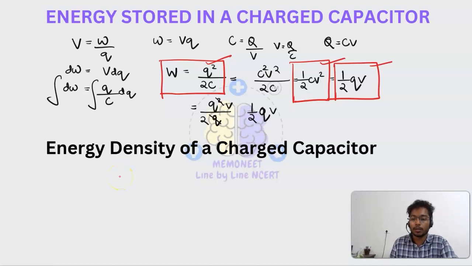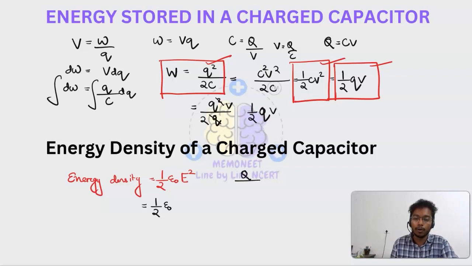Energy density of the capacitor. We know that energy density is equal to half epsilon naught E square. For the parallel plate capacitor, the value of E is Q upon A epsilon naught.